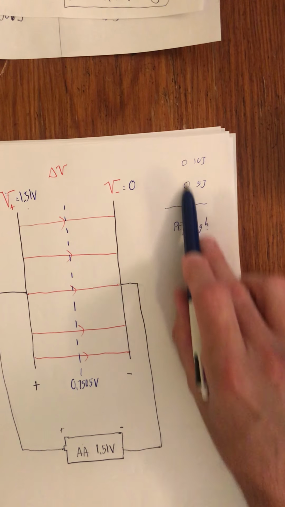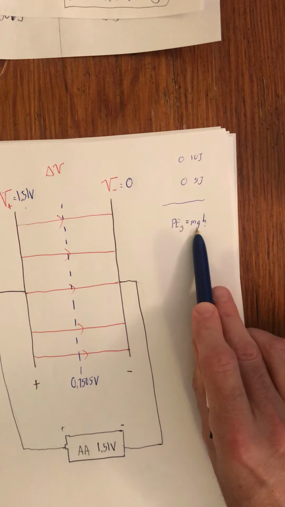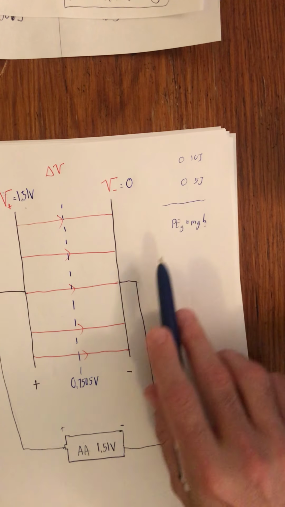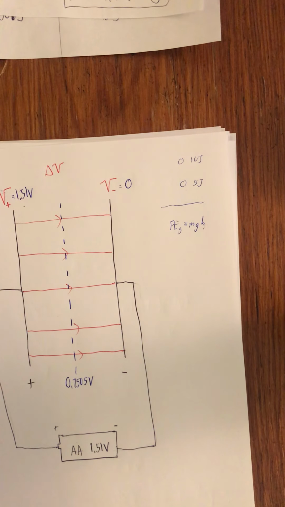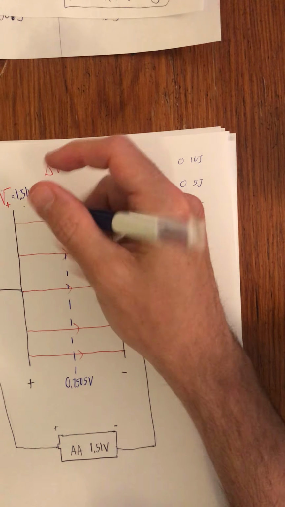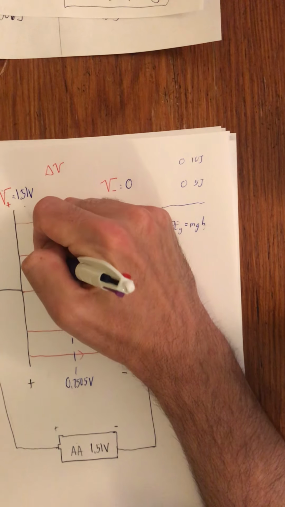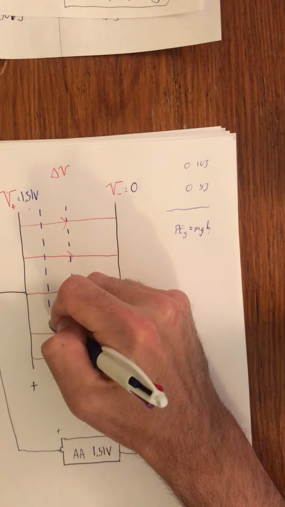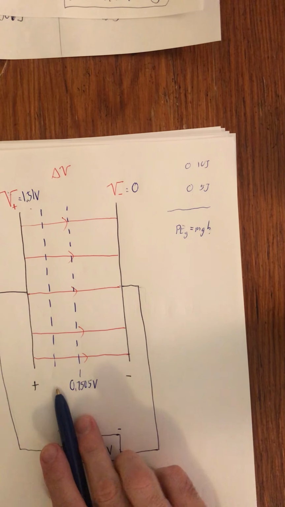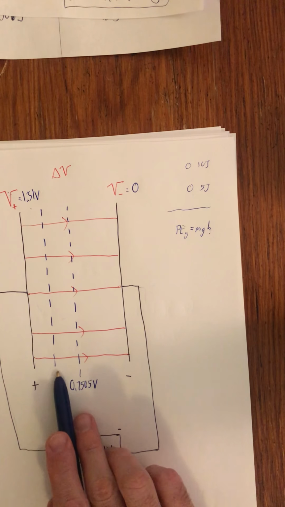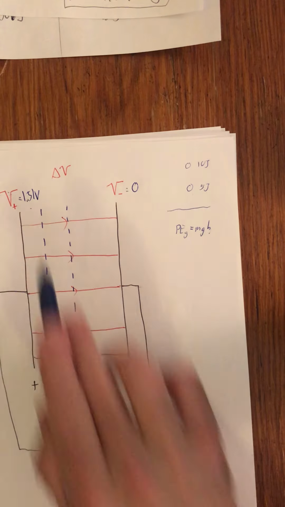That was true because the gravitational field in this region is constant. Since the electric field in this region is constant, it also has that linear relationship. Meaning then if I went halfway between these two, we would have a potential that would be halfway between these.